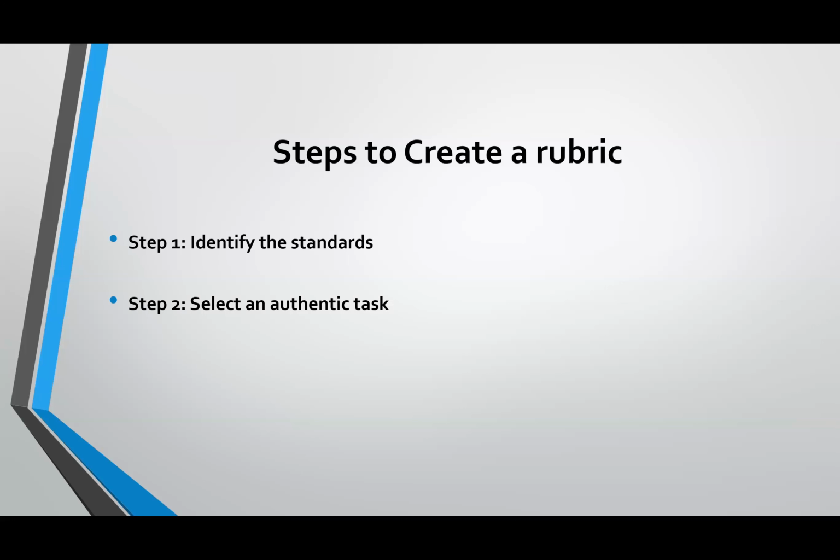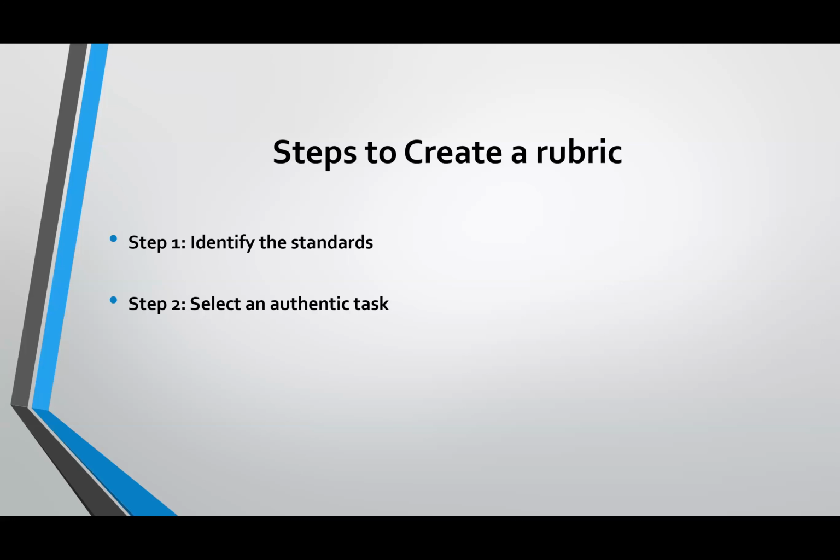For example, for the above-mentioned standard, which we have spoken about in step 1, it is as simple as saying the task should ask students to describe the geographic, economic, social, and political consequences of the Revolutionary War.